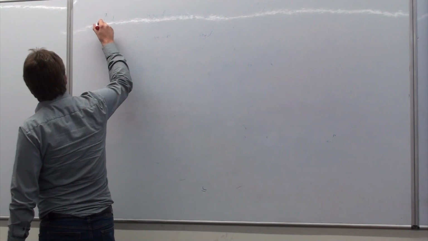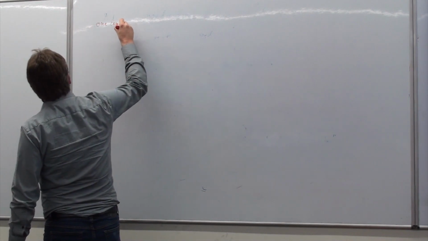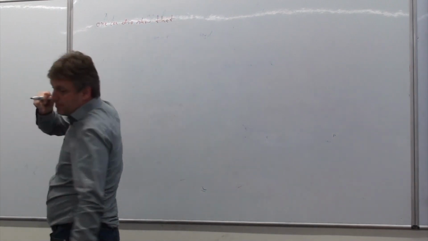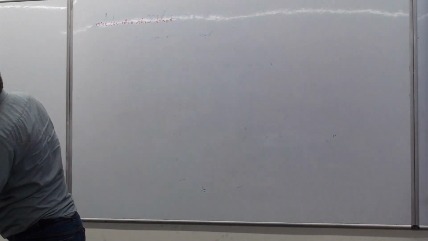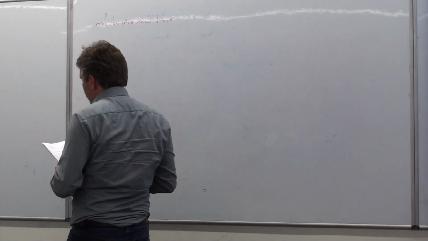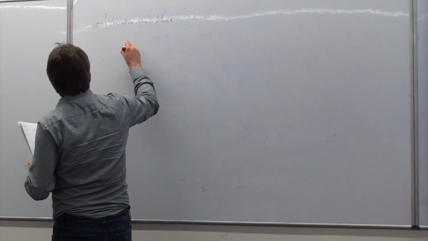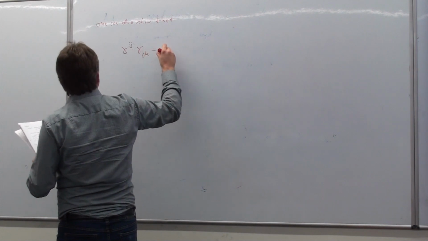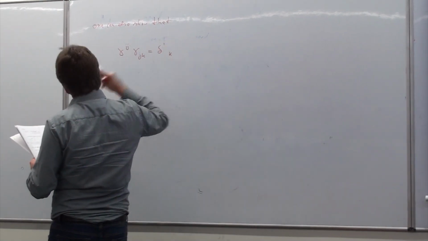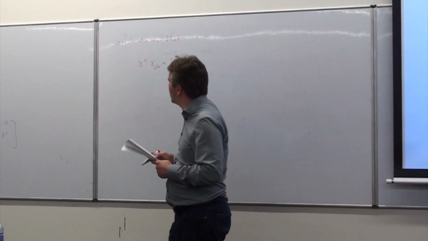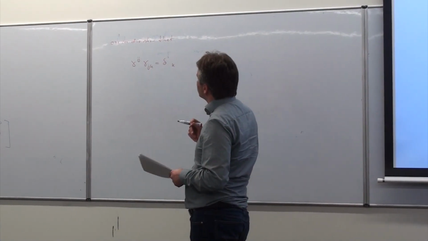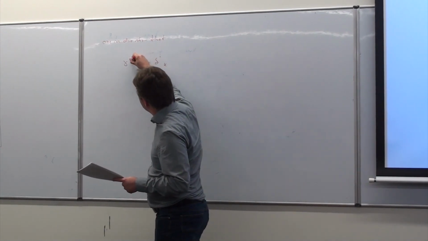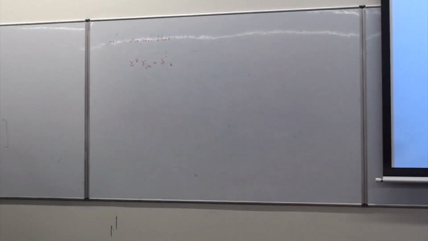One can also show that gamma ij, gamma jk equals delta ik. That's an interesting expression. The gamma upper ij is this submatrix here.